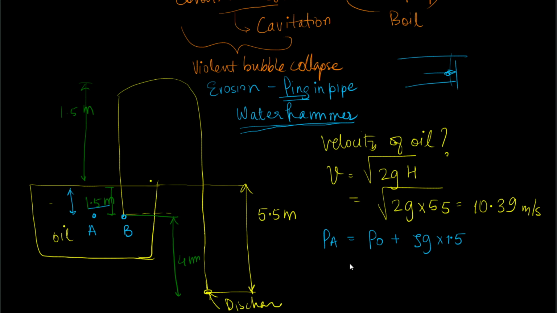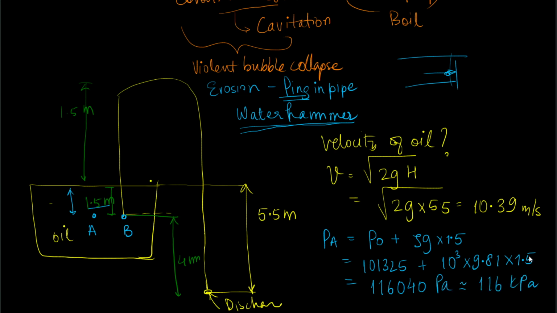So this is 101,325 Pascal plus 10 to the power 3 times 9.81 times 1.5, and this comes out to be 116040 Pascal, essentially 116 kilopascal.